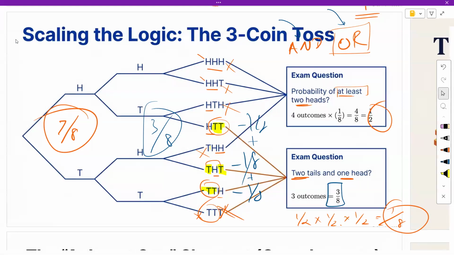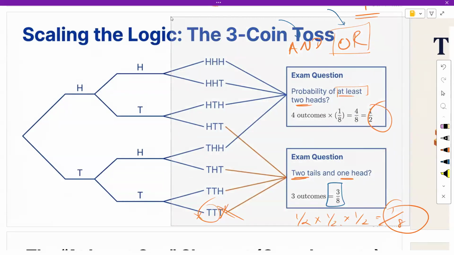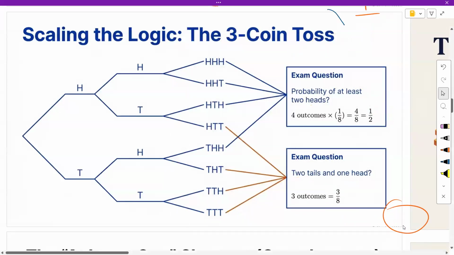What's the probability of getting at least one tail? If I win the game when I get at least one tail, what's the probability? 7 over 8.